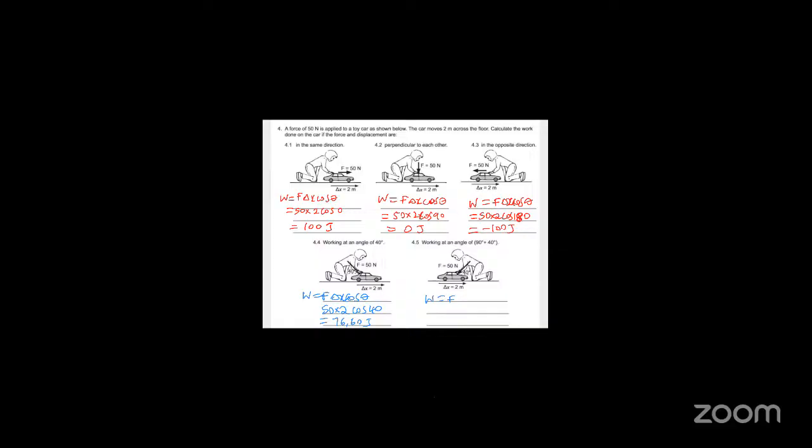W, if you check, this one is in opposite direction, so cos theta. For this one, if you are to draw a free body diagram so that you can see this nicely, this is the normal force, this is the weight, this is the force, this is 40 degrees, this is displacement.